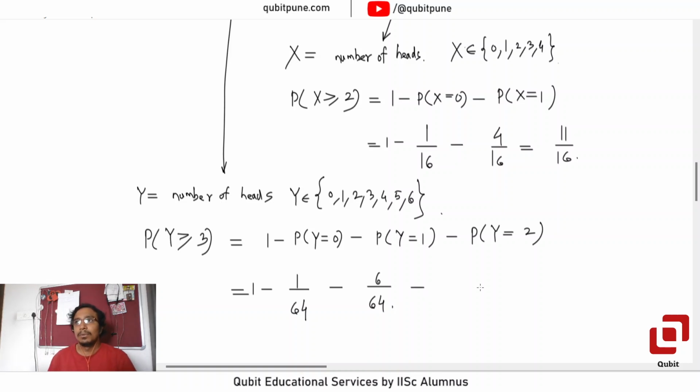Now how much would this be? y equal to 2. We have 6 positions, 1 2 3 4 5 6.